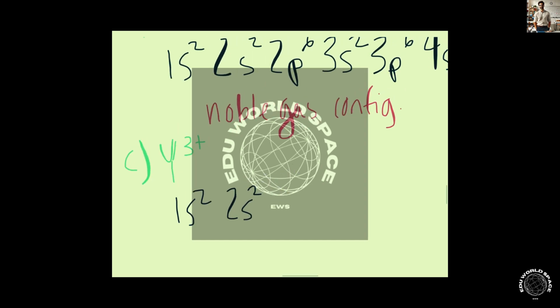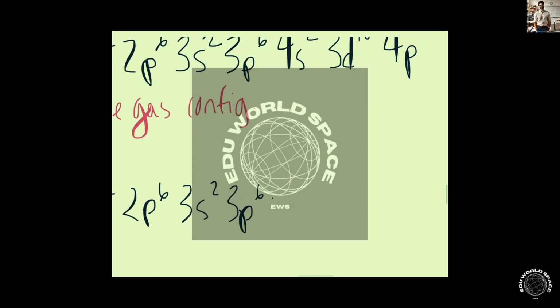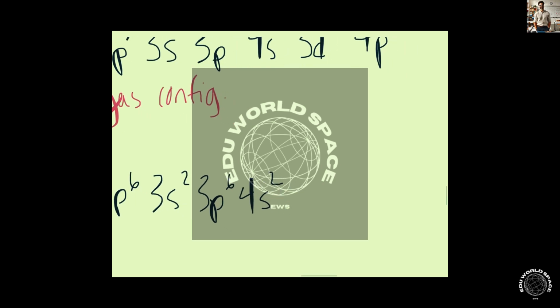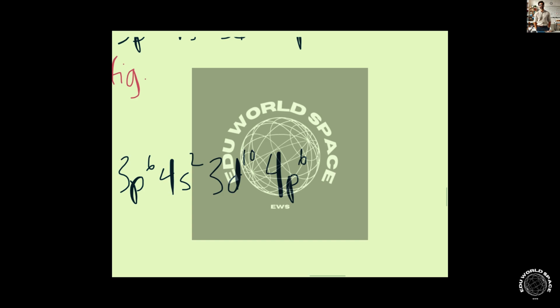So we have 1s2, 2s2, 2p6, 3s2, 3p6, 4s2. We'll fill the 3d orbital, 3d10, 4p6. Okay, and if we were going to fill this out for the uncharged version, we would do 5s2, 4d1.